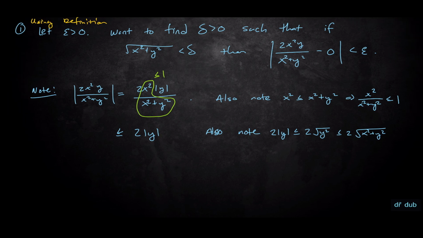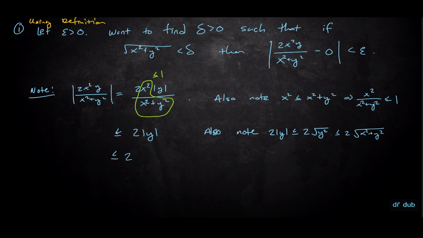So then I could say that this would be less than or equal to 2 times the square root of x squared plus y squared, which will be less than 2 times delta, because that radical is going to be less than delta. So now we just need to pick the right delta. So let delta be equal to epsilon over 2.